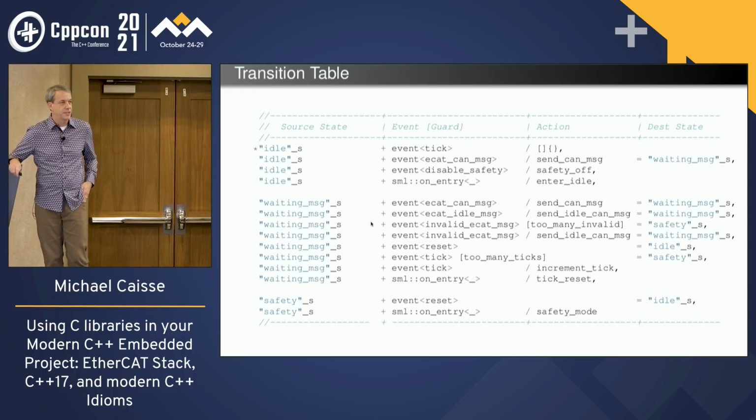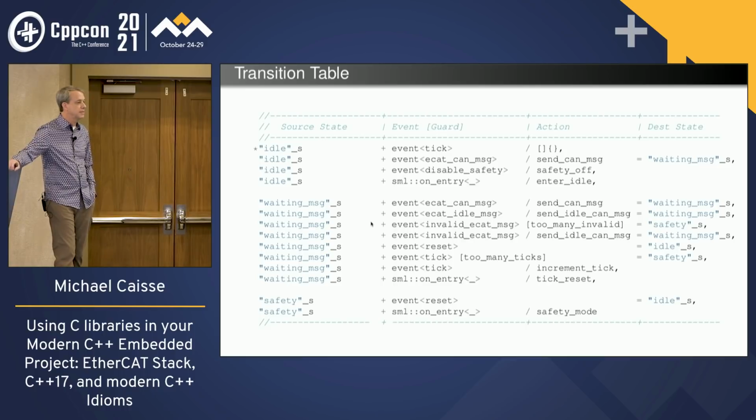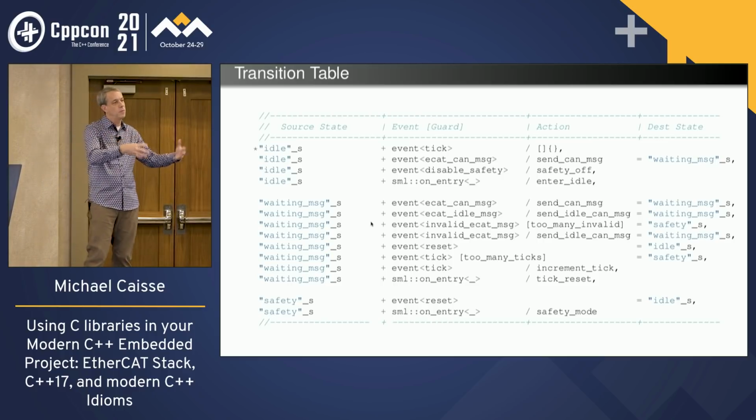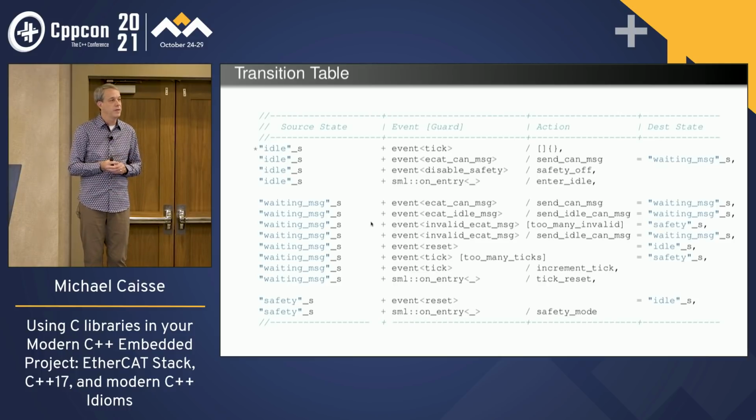So here's our transition table. And the transition table itself is an abstraction written with a domain-specific language that allows us then to think about how do we transition from one state to the next and what happens in those transitions. We can think about the problems that we're solving at a really high level, right?